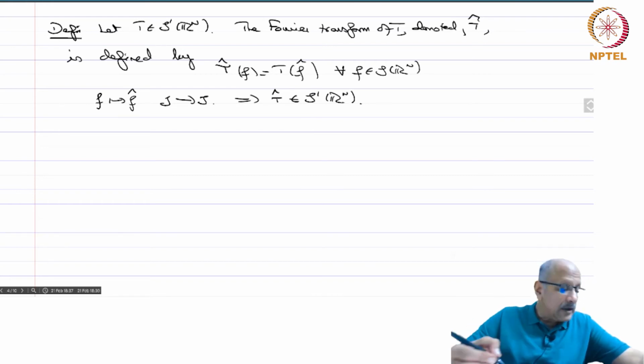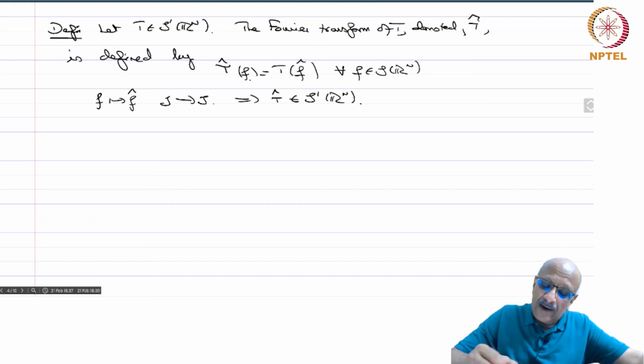So it is a tempered distribution automatically. So this is a definition. This is what we could not do for all distributions because of the Paley-Wiener theorem: when we want to make this definition, phi hat refused to be inside the space of C infinity functions with compact support, whereas the Schwartz space is not like that, and therefore we can use this definition.